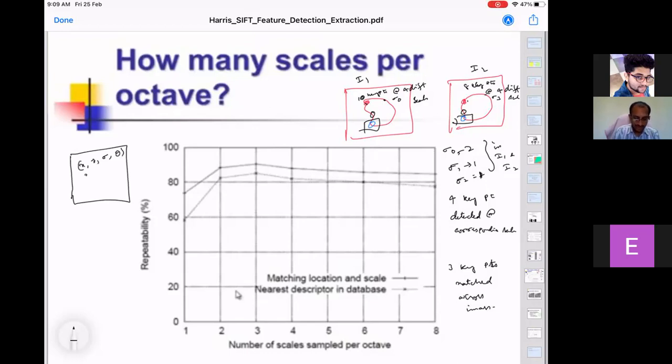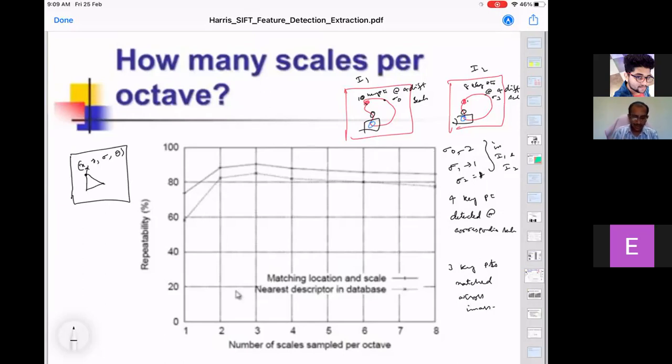These four things characterize a key point. Any key point can be characterized by all these four things: at which scale it is found, with what reference angle we represent that key point, or what is the dominant angle corresponding to the HOG of that key point, and at what location it is.